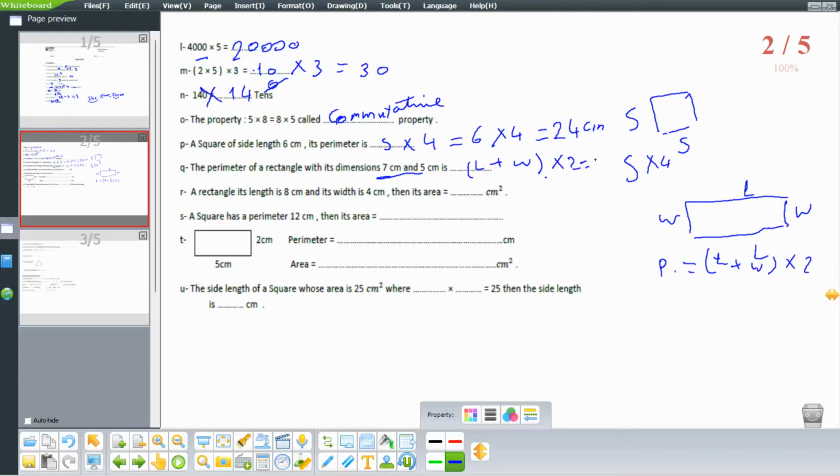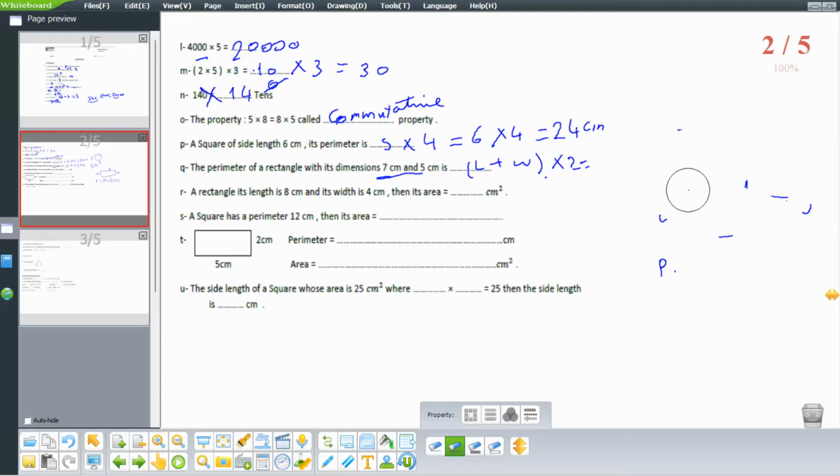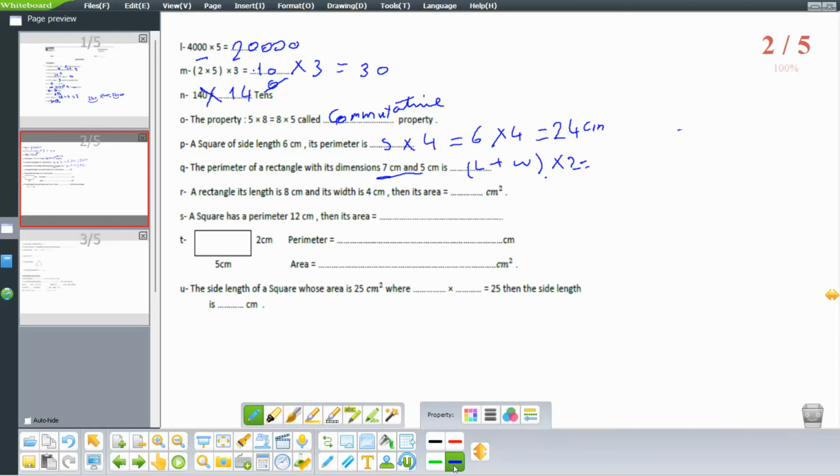Length here equals 7 and width equals 5. 7 plus 5 times 2 means 12 times 2 equals 24.